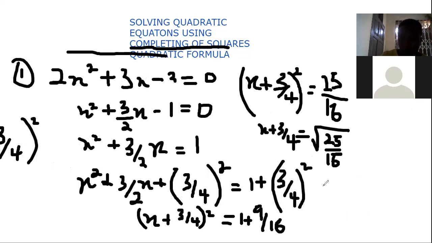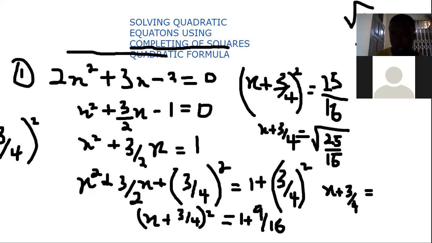So when we get here, x plus 3 all over 4 is equal to root of 25 all over 16. When you have root 4, it is the same as plus or minus root 2. Have you seen it?